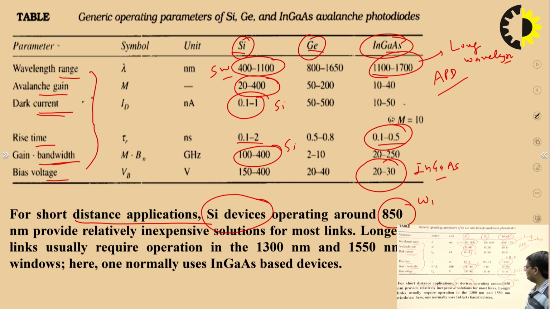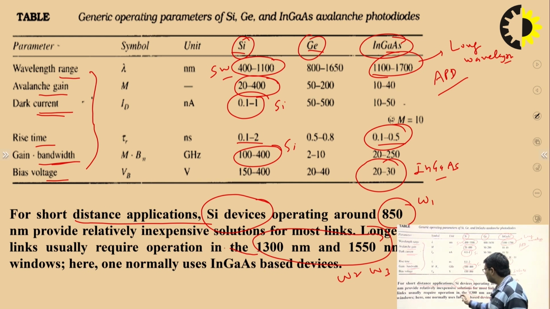In the similar way, if we have to operate in the longer wavelength region, that is around window 2 and around window 3, then indium gallium arsenide based photodiode gives the best performance. So this is the conclusion for this topic.